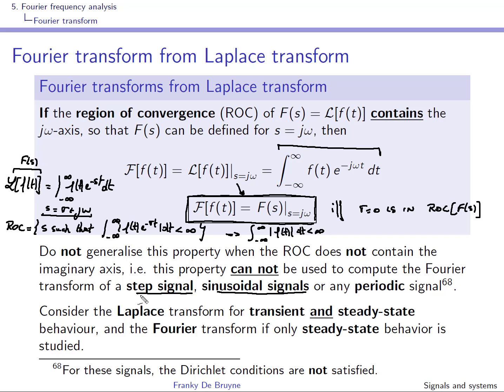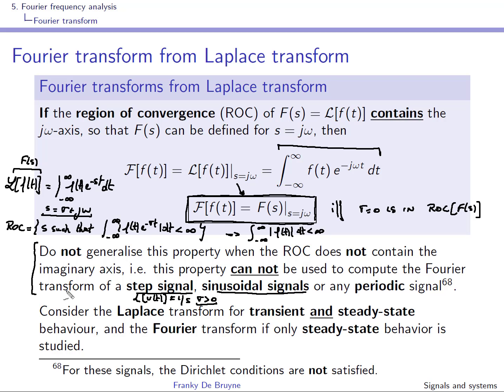Remember that the Laplace transform of u of t is 1 over s, but the region of convergence is sigma positive, and sigma equal to 0 is not in the region of convergence. So you cannot simply take F of s and replace s by j omega, right?